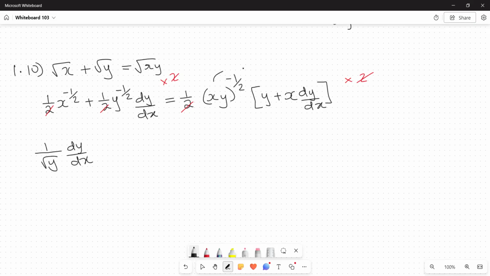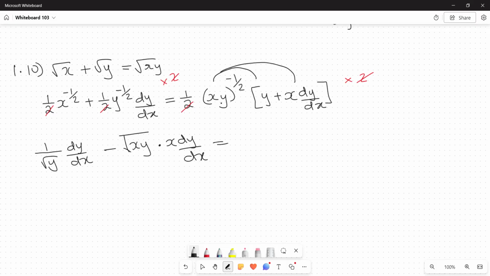And then we have to multiply out the brackets like this. It's positive, so when it goes this side, it will become negative, the square root of xy multiplied by x dy/dx. So when I multiply like that, it's x multiplied by the square root and then dy/dx.